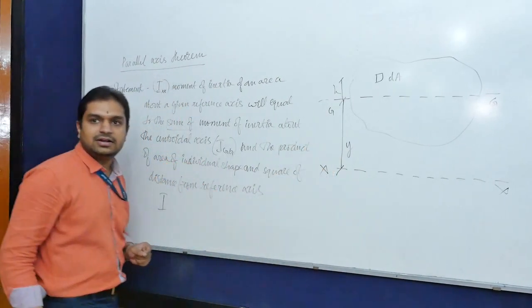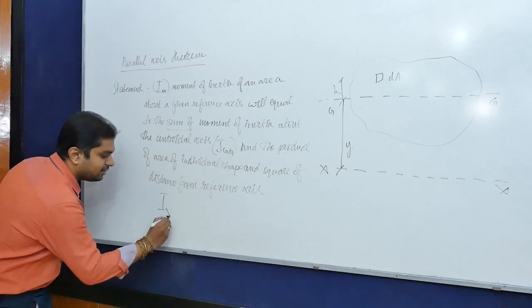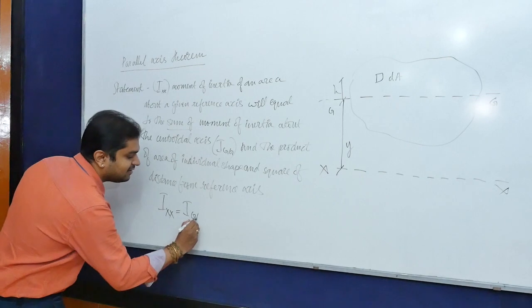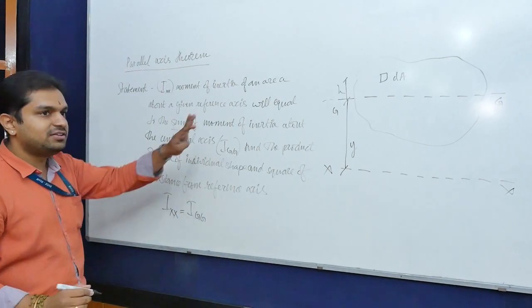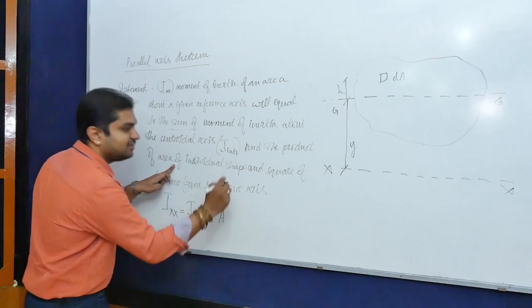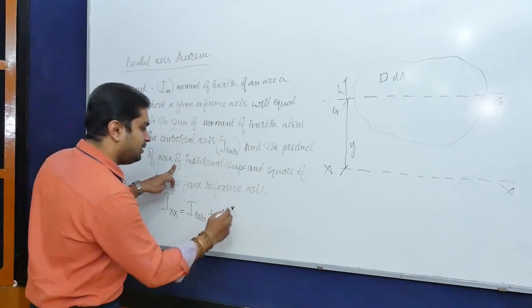So IXX will be equal to IGG, which is the moment of inertia about the centroidal axis, plus the area of the individual shape inside the figure.